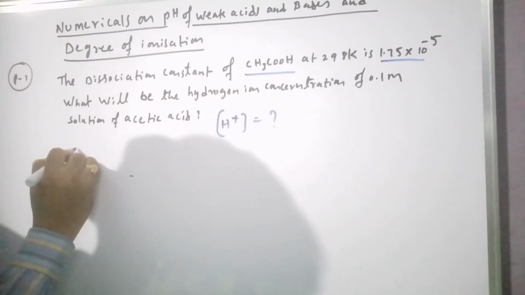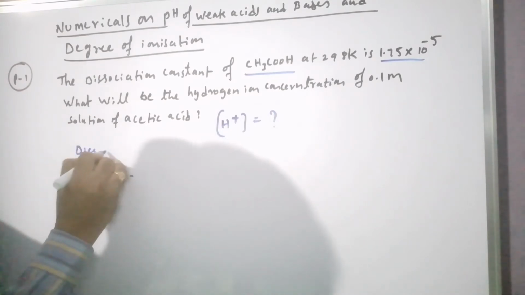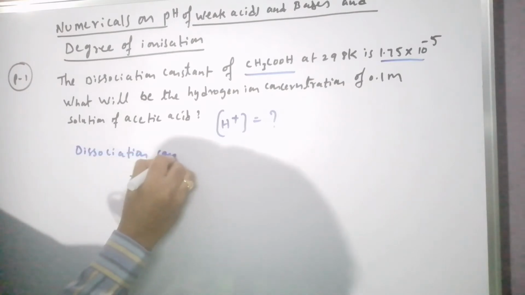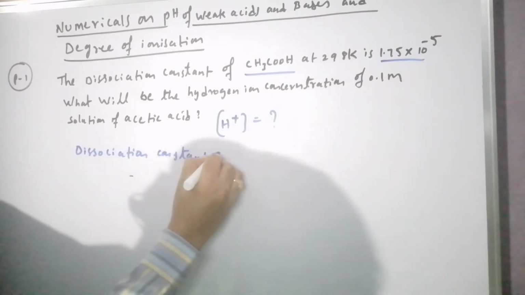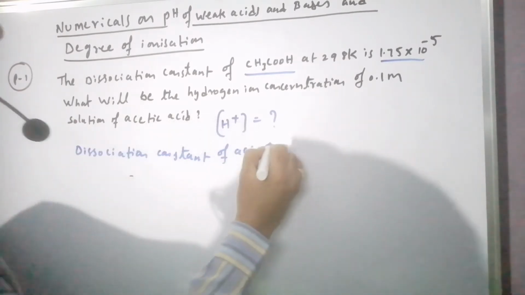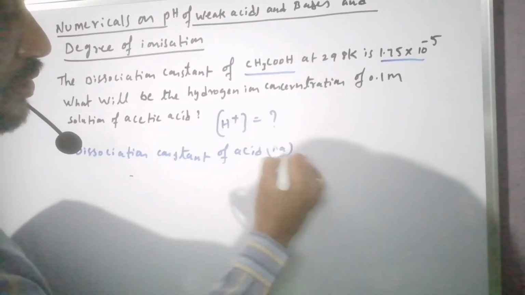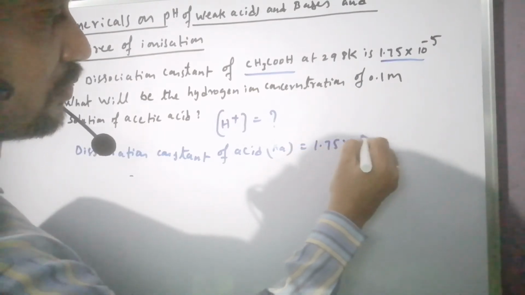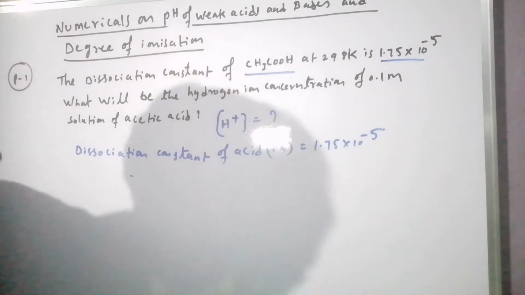Dissociation constant of acid, Ka, is equal to 1.75 into 10 power minus 5.